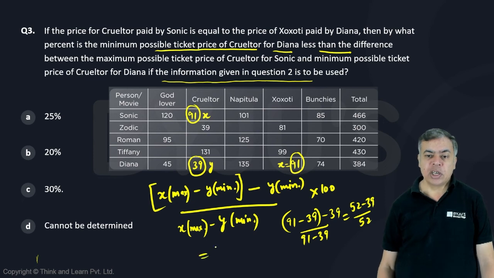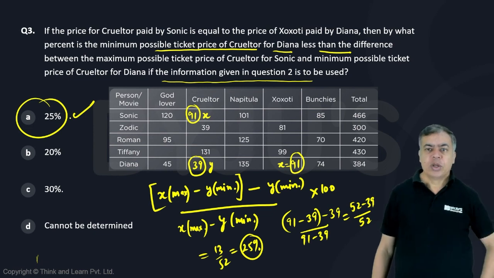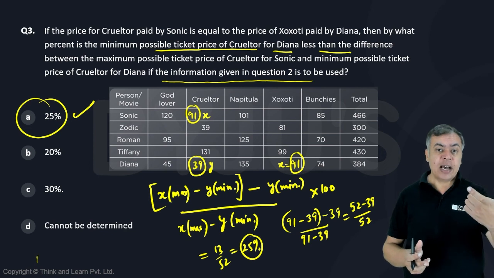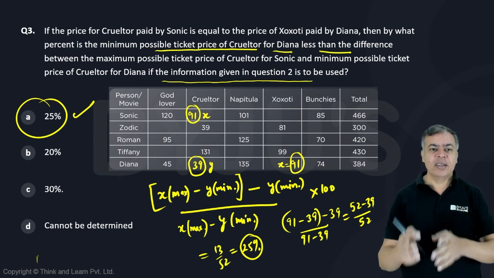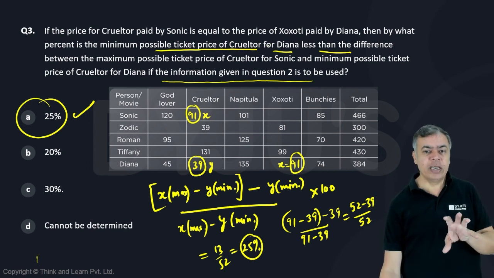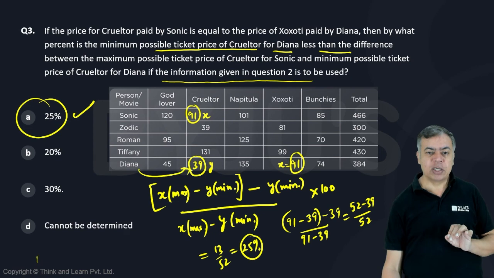Which becomes 13 by 52, which is 1 by 4, 25%. So my answer should be 25%, right? Because we are talking about that minimum possible value, this minimum possible value y.